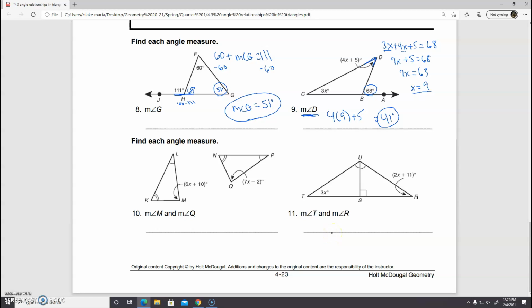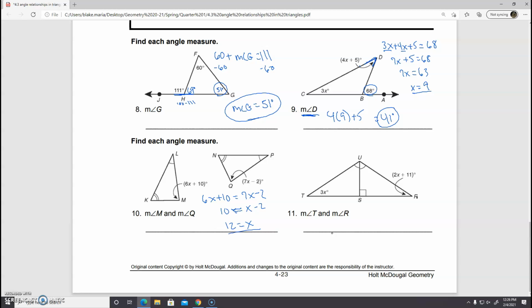But let's use it. So notice here, P and L are congruent, N and K are congruent, so you know Q and M are congruent. So 6x plus 10 has to equal 7x minus 2. We're going to subtract 6x from both sides, and we get 10 equals x minus 2. We're going to add 2 to both sides, and we get x is 12.